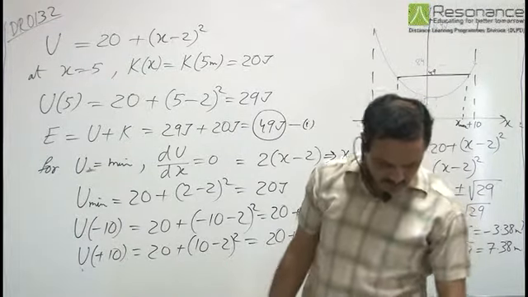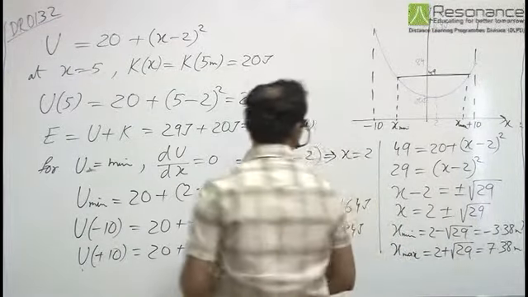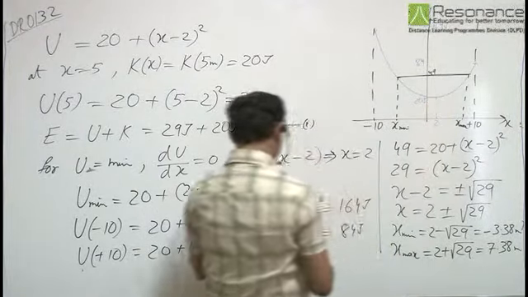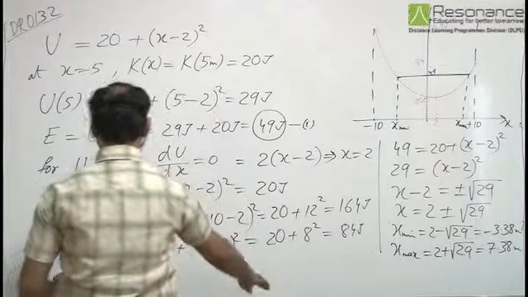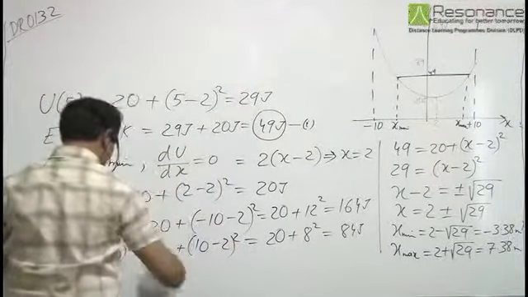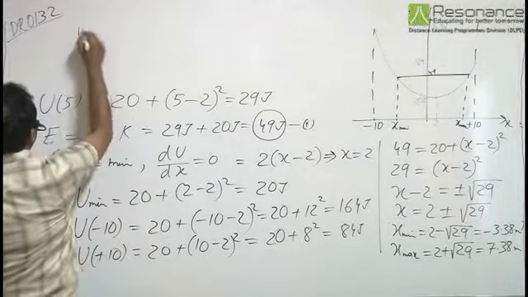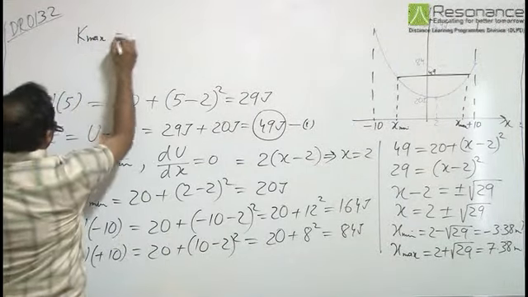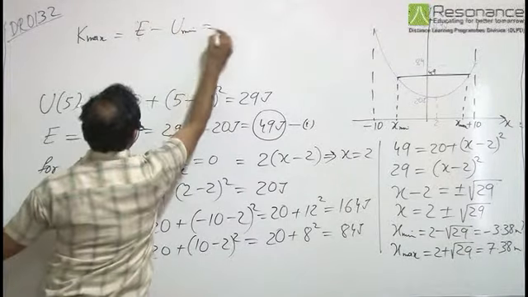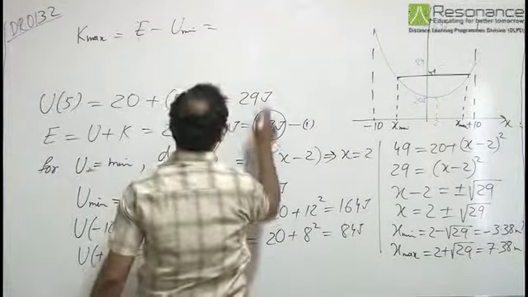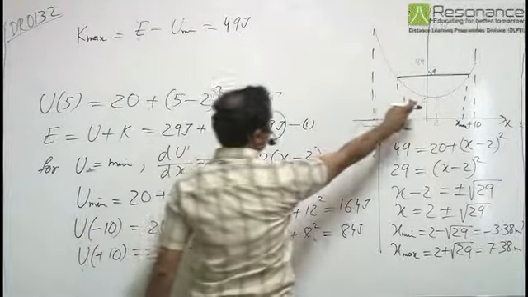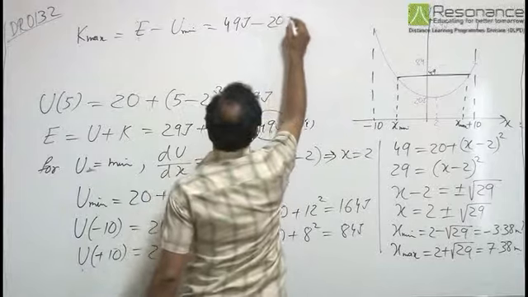Now the maximum kinetic energy of the particle. Kinetic energy of the particle will be maximum when potential energy is minimum. So we can write maximum kinetic energy K max is equal to E minus U minimum. Total mechanical energy we already got as 49 joules. Minimum potential energy is 20 joules.